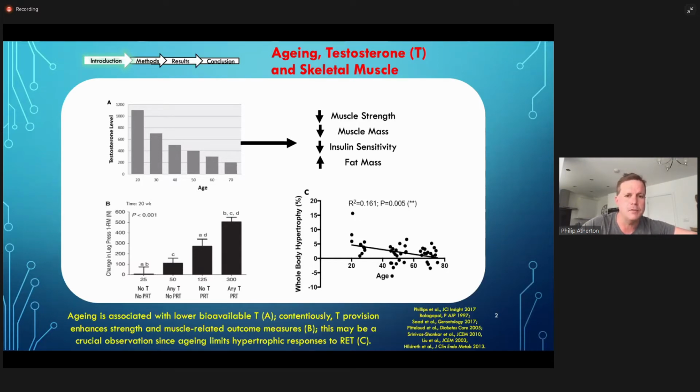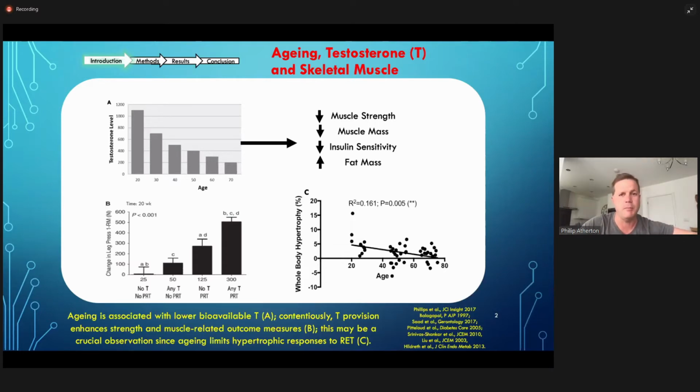At the same time, the binding partner of testosterone, SHBG or sex hormone binding globulin, increases. So you get a decrease in testosterone bioavailability through impaired secretion with the endocrine changes of age, but also an increase in the quelling signal from SHBG, reducing overall free testosterone to bind to its receptors.